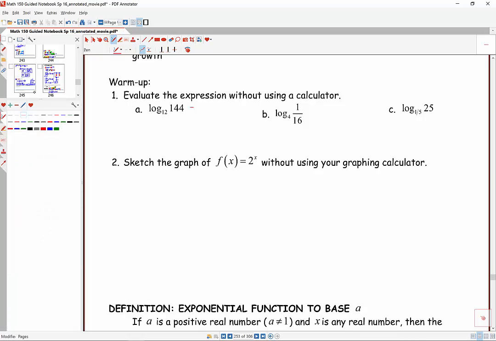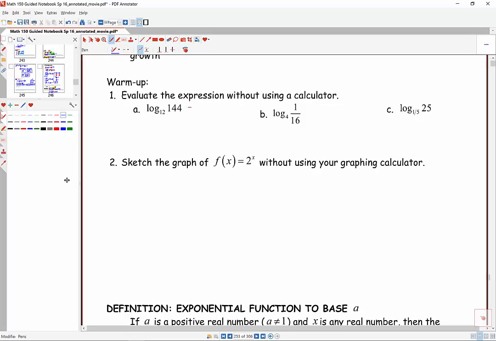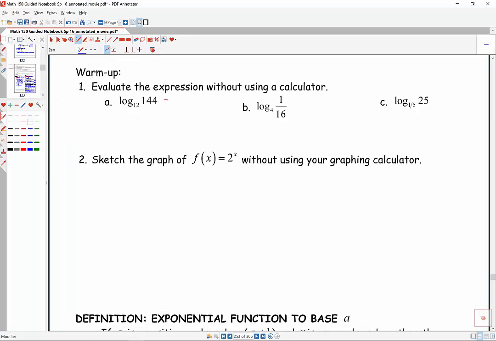Okay, so this will be equal to 2, because 12 squared is 144.